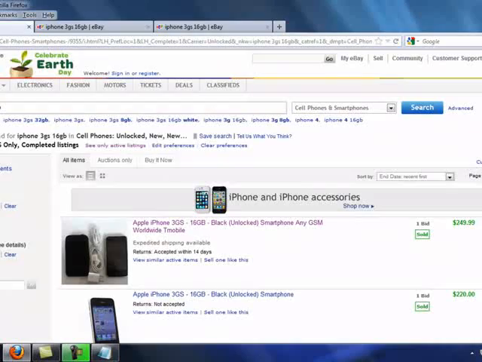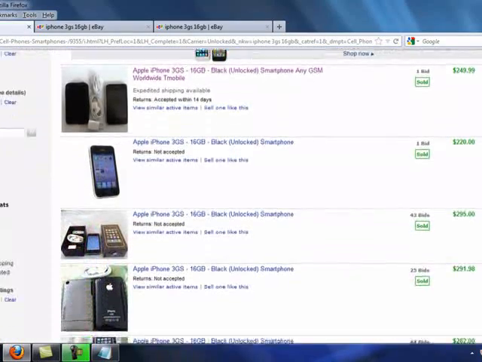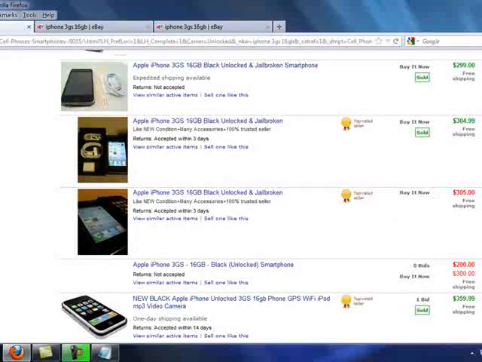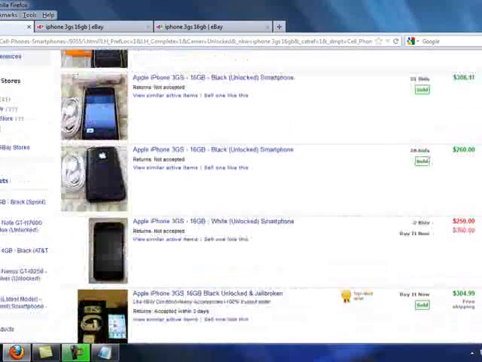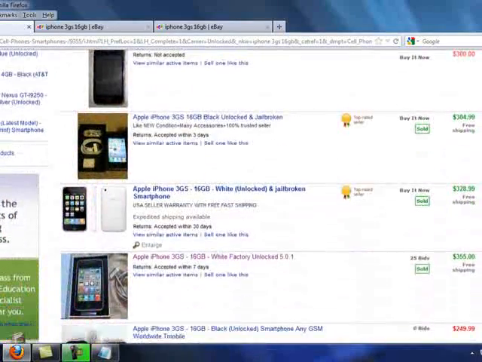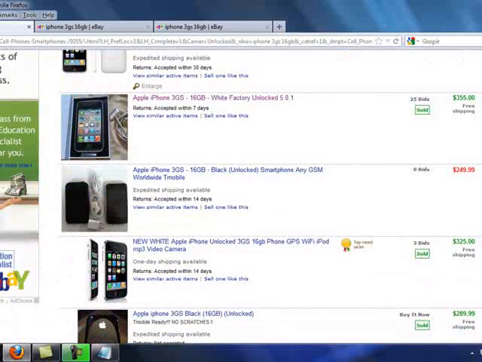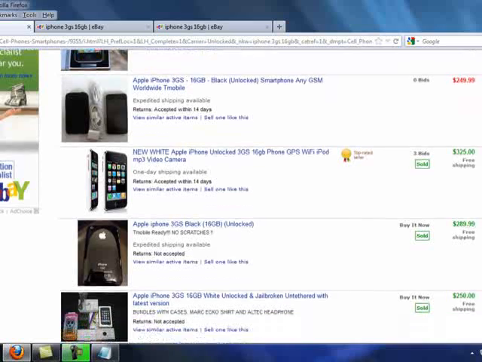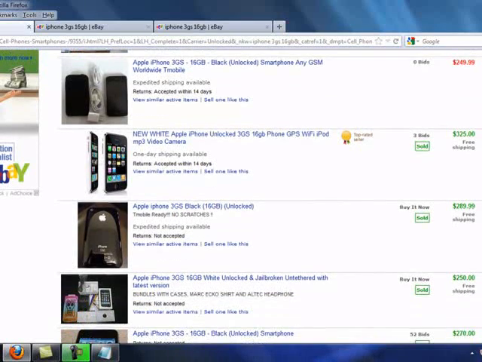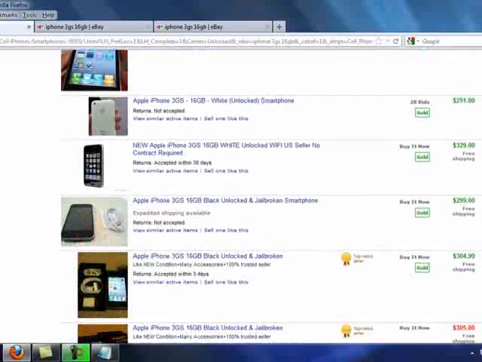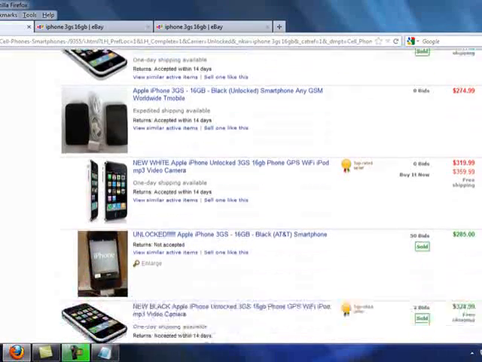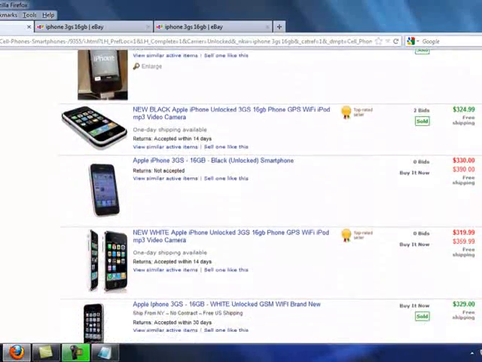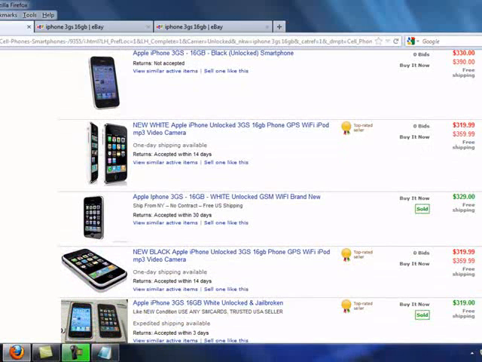So we see 249, 220, 295, 300, 260, 300, 304, 328, 355, 325, 289, 250, 270, 251, 329, 299, 304. Basically, and this is since the 20th, it looks like to me I can get $299 easy. That's the price that I'm going with.